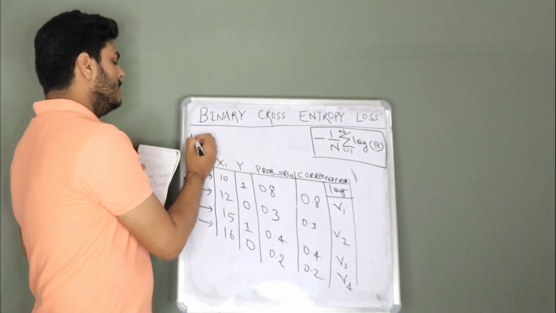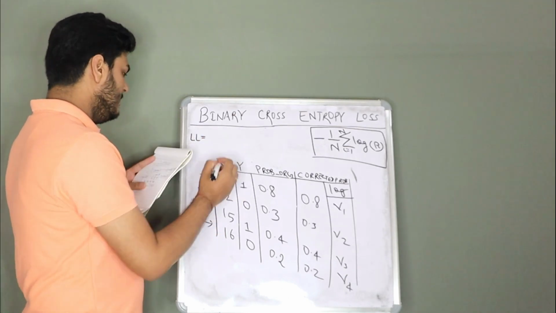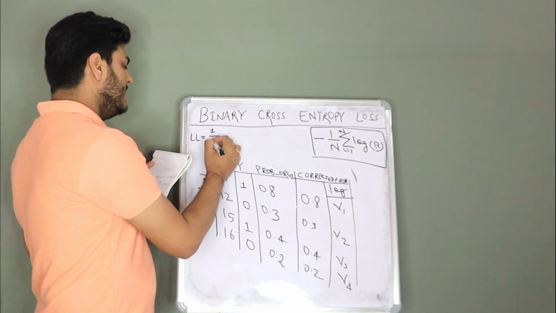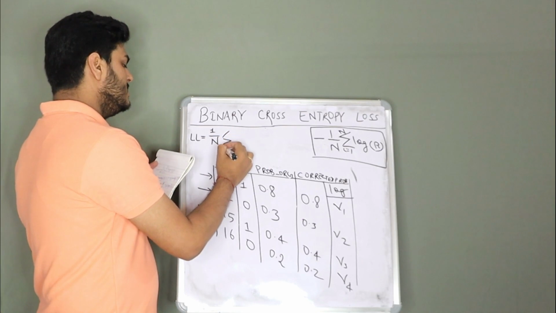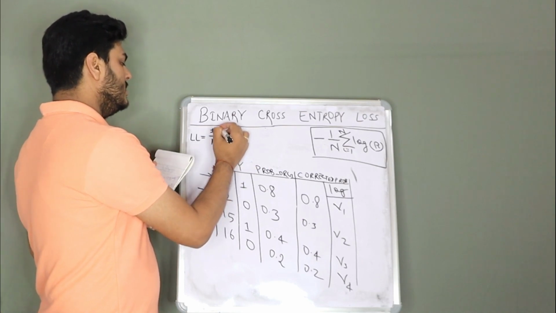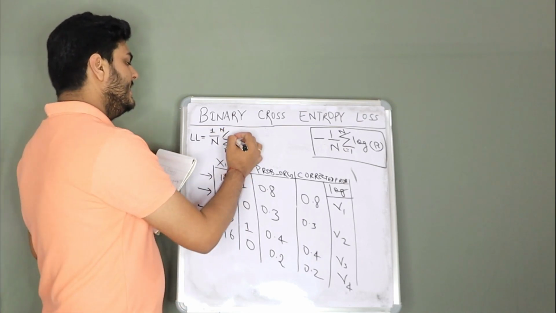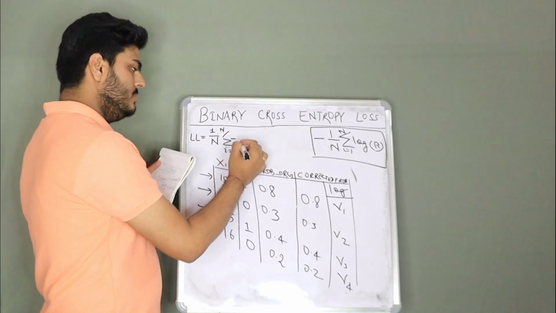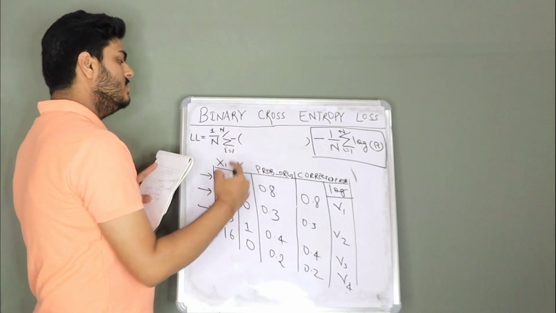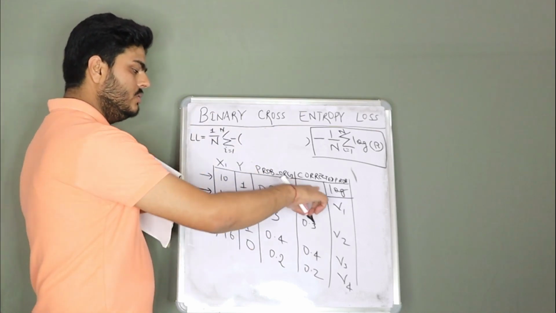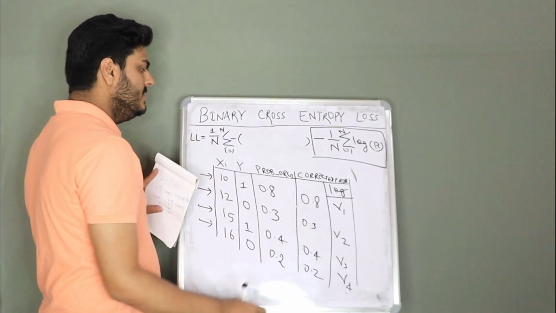So log loss or LL is nothing but 1 by n, where n is your total number of records in the data, summation of i equal to 1 to n, and negation will also be here, negation of one entire term. Why negation? I told you, most of all these values will be negative.